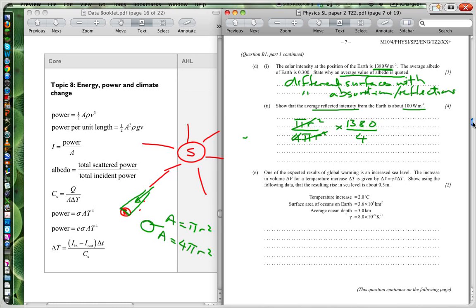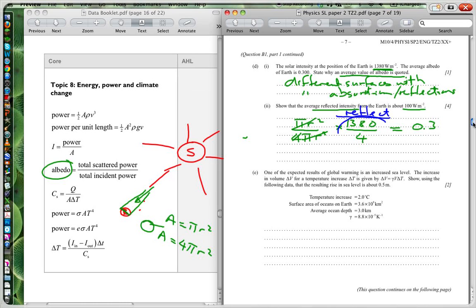Now the albedo we are given is equal to 0.3, and we're looking at the scattered power. So this is what I'm looking at over here. I want the total scattered, the reflected intensity. So let me just put reflected here.